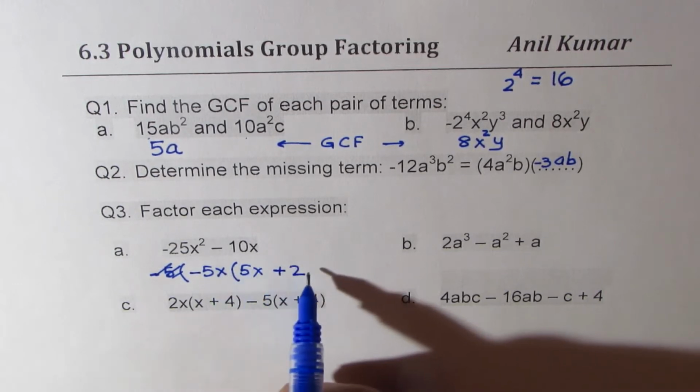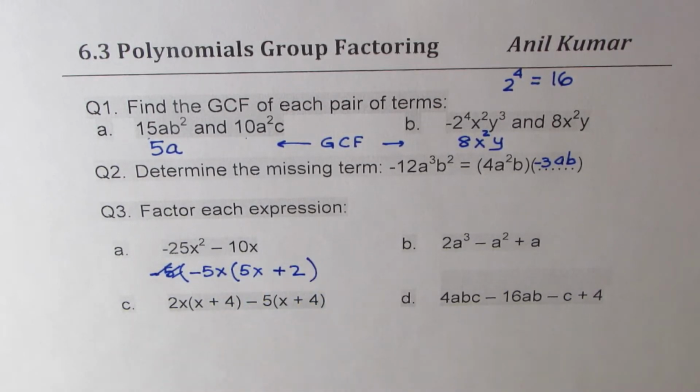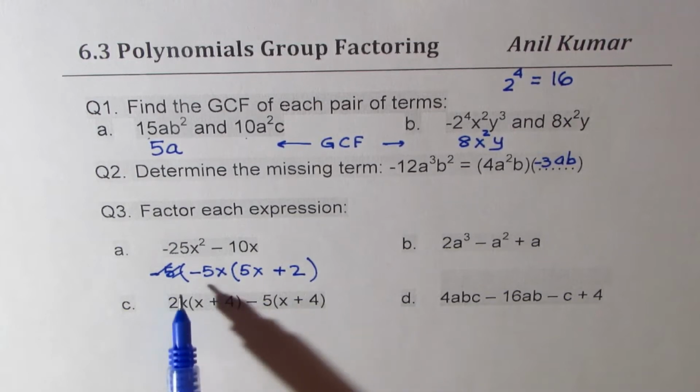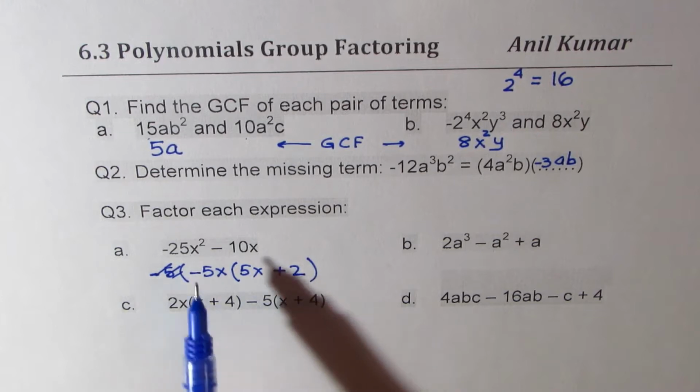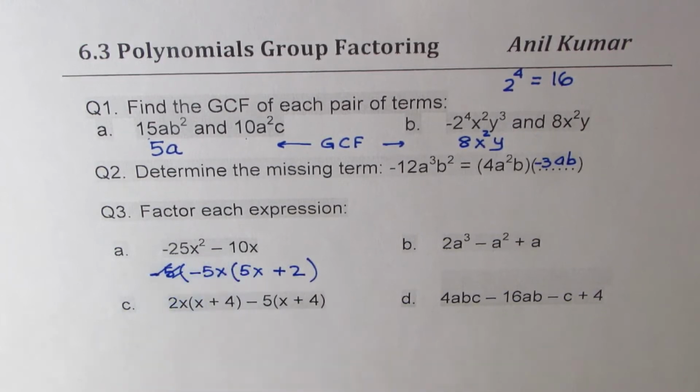And dividing x by x is just 1. So the factored form is minus 5x times 5x plus 2. If you expand this, you get your original polynomial. So that is how we can check also.